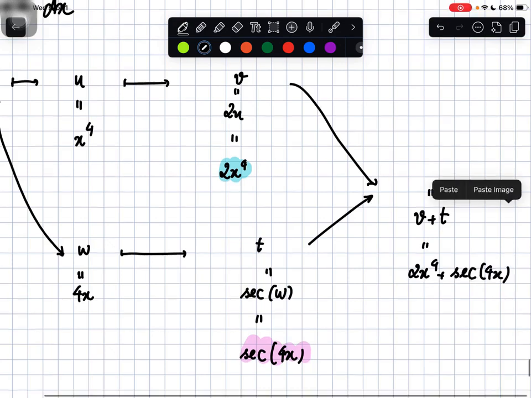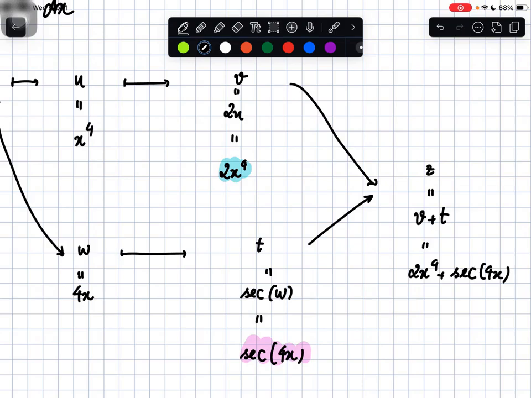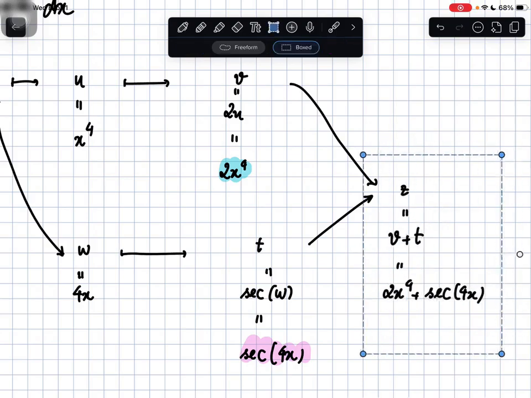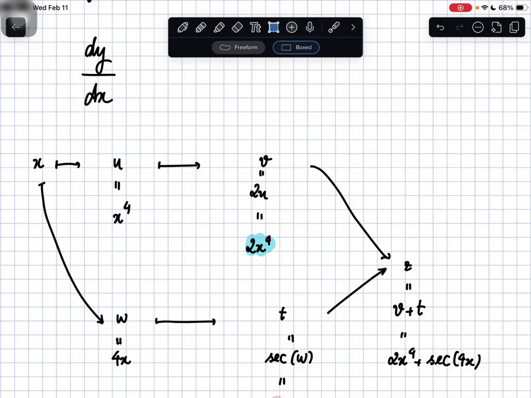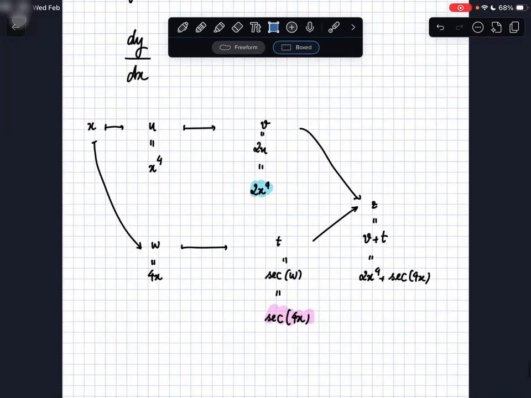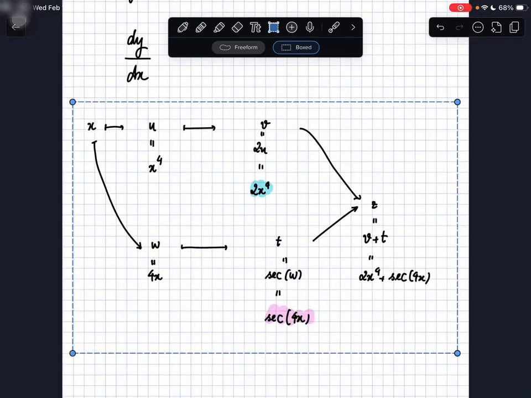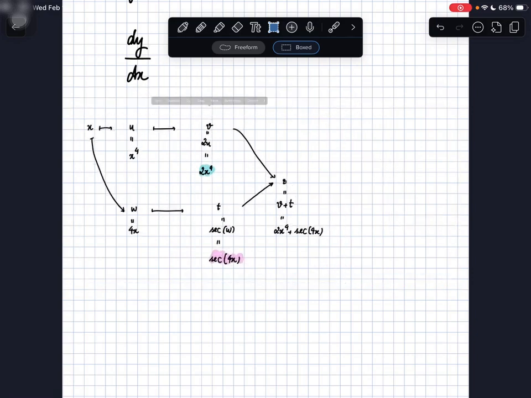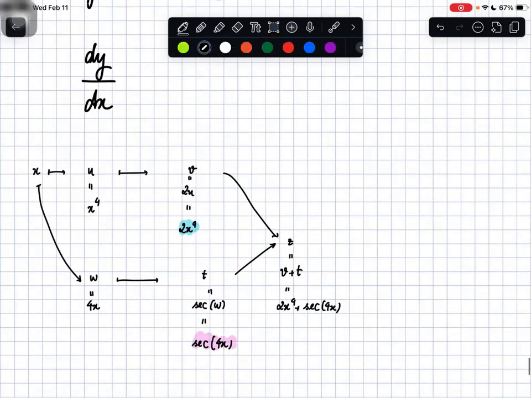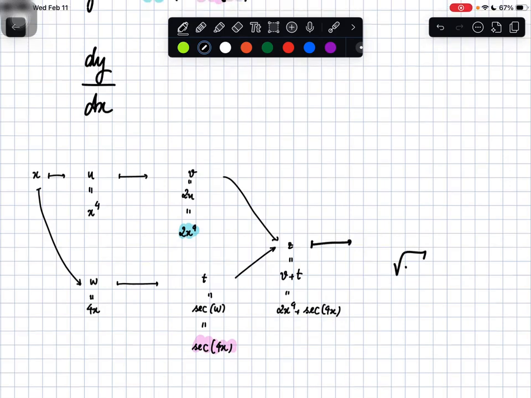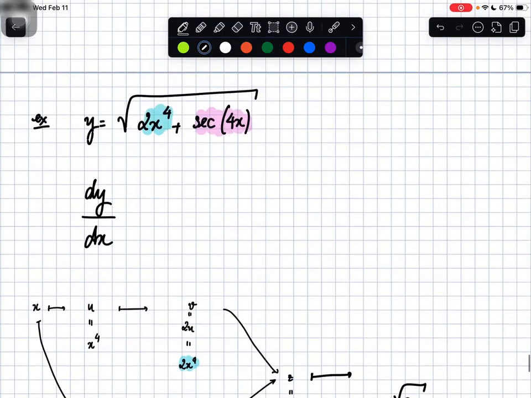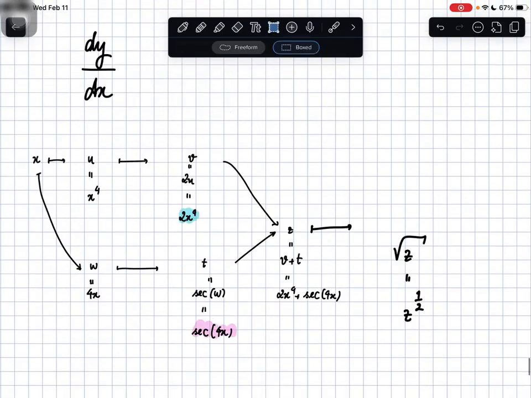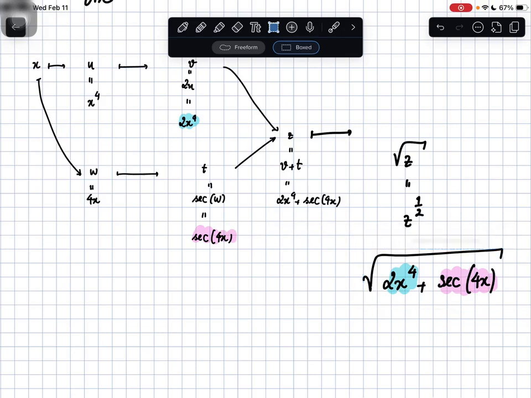Let us call this z. And now we need the square root of z, z to the power of one half, which is y. So at the end of the chain, this is y.